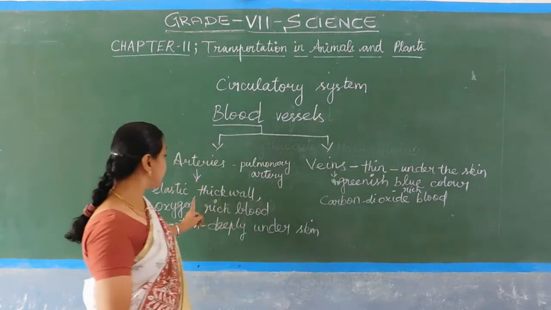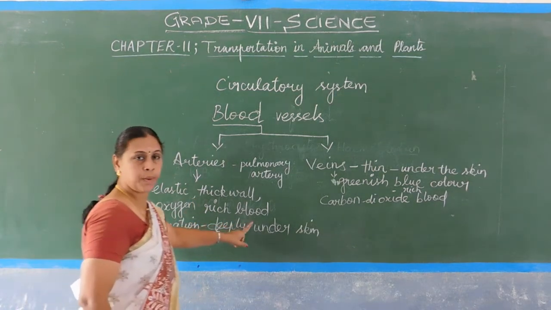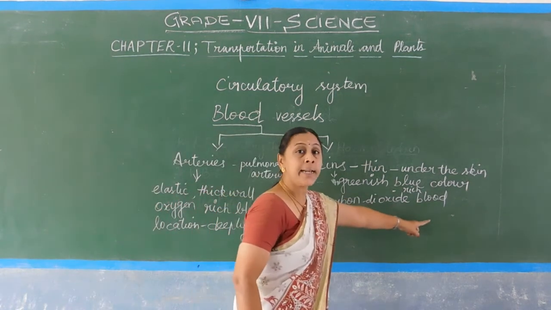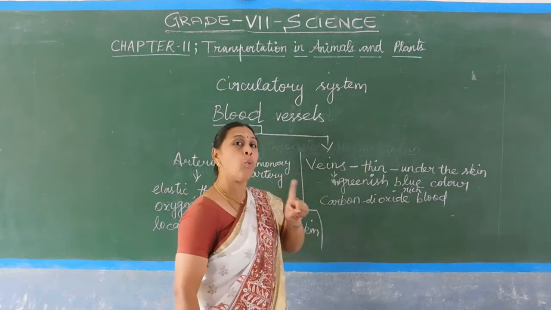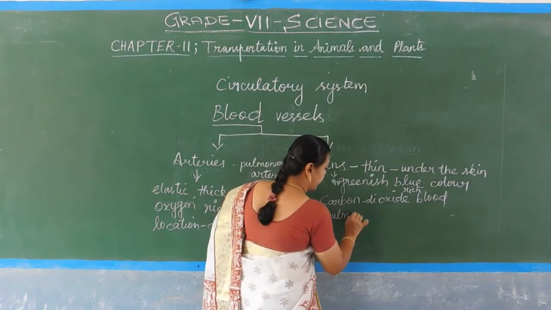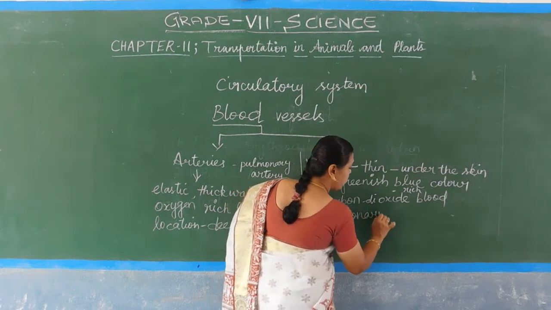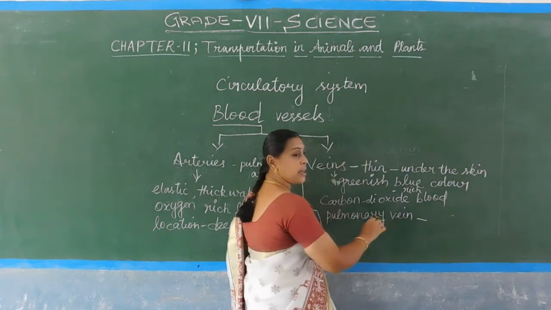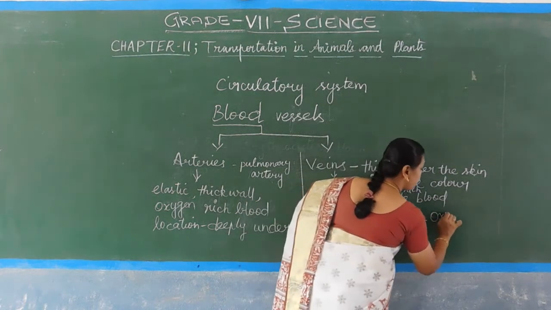So arteries carry oxygen-rich blood, but veins carry carbon dioxide-rich blood, except one vein, that is the pulmonary vein. There is one vein called the pulmonary vein. It carries the oxygen-rich blood.